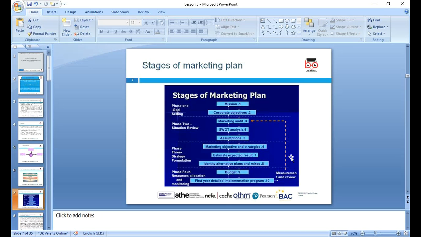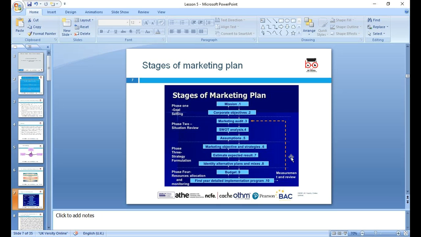So, stages of the marketing plan. Mission, we discussed in the last lesson as well. You need a mission: why you are in the business, corporate, what you want to achieve. You do an audit of what is happening in the environment, SWOT analysis, set the marketing objectives and strategies, for example cost leadership. You want to sell the goods cheaper.